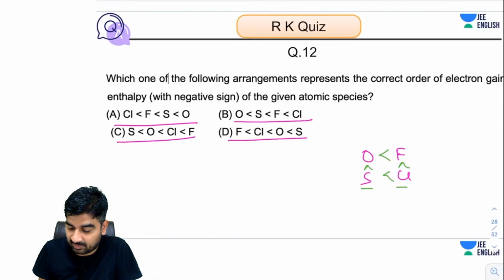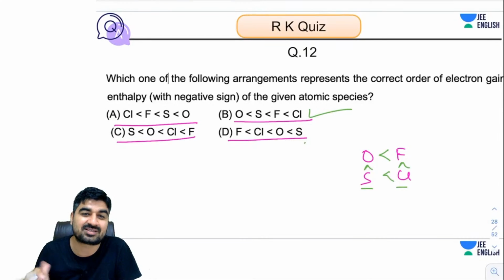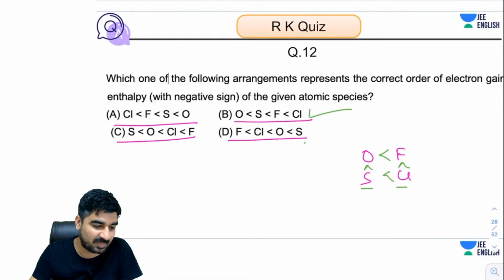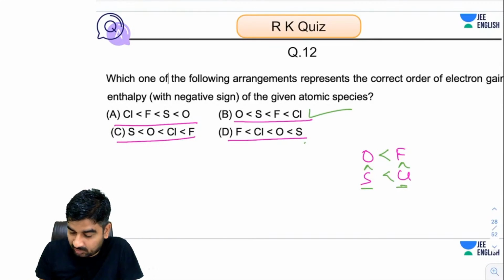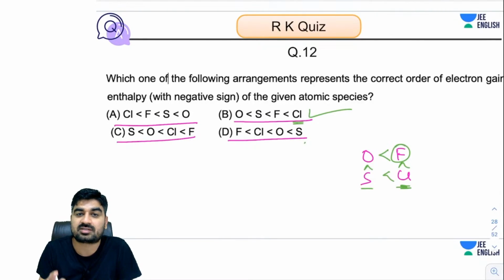So chlorine will have the largest. Only one option is there, problem is done. So chlorine has the largest electronegativity, sorry, electron gain enthalpy.